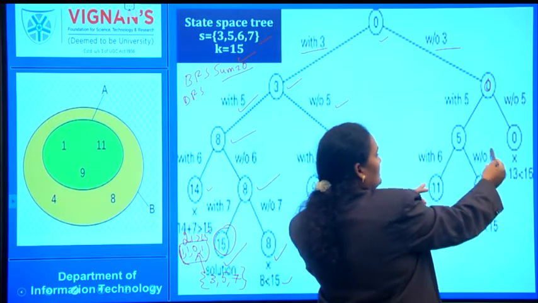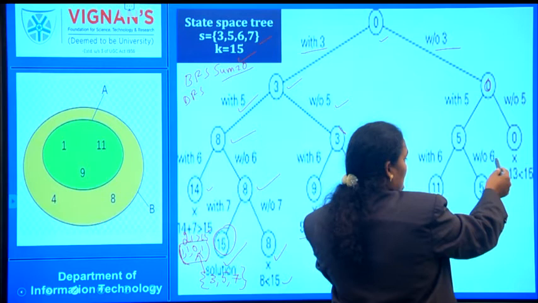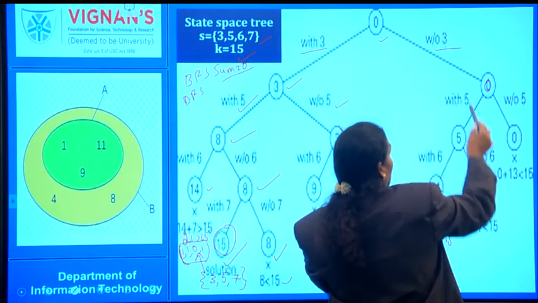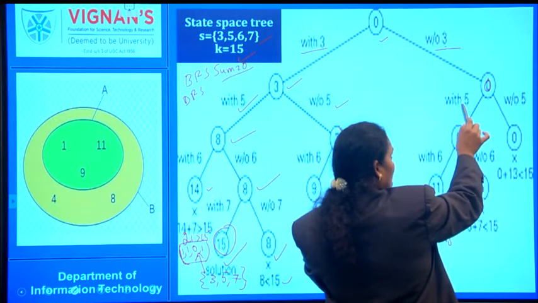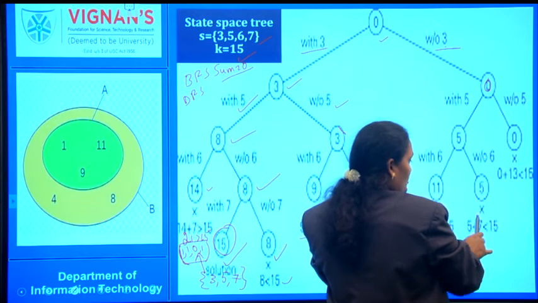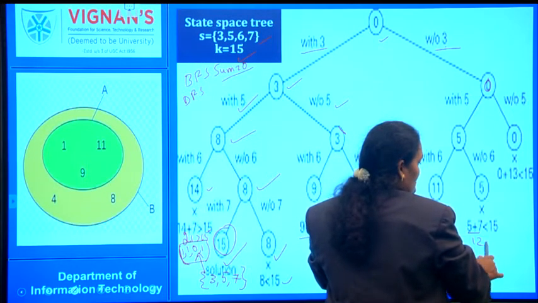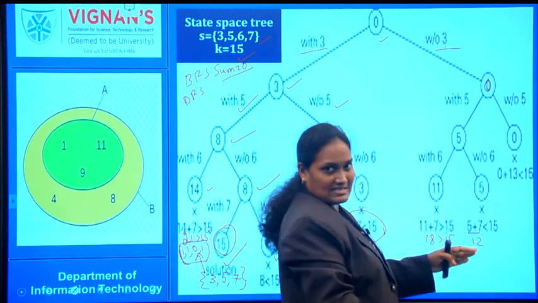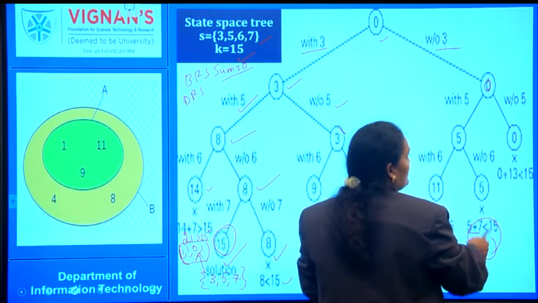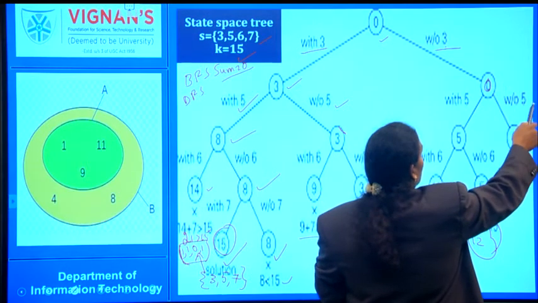Now we are backtracking the process. Without 6 we are considering only one element. Here without 3 and without 6, only 5 is added, and only one more element is there to add, 5 plus 7, which becomes 12. No more elements are there in the set, so we cannot get the solution in this path also. So we are backtracking without 5.